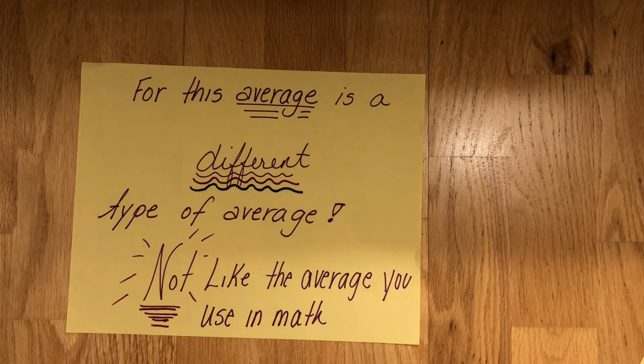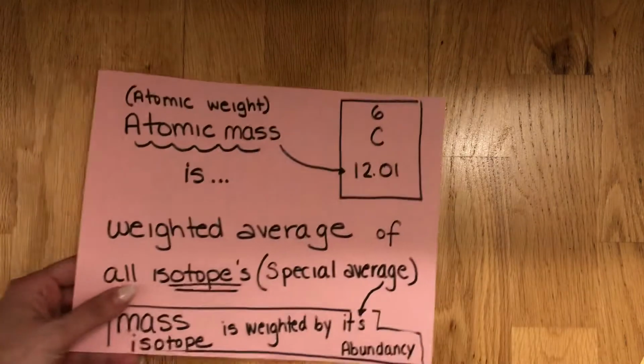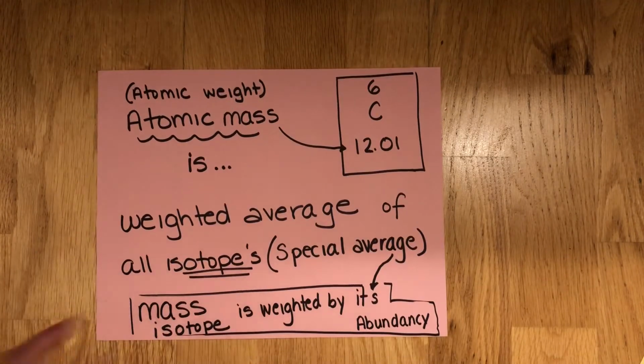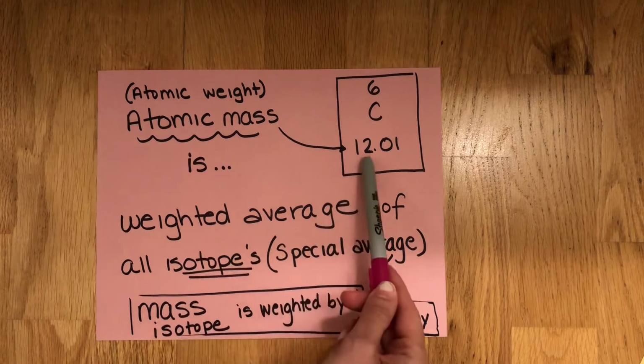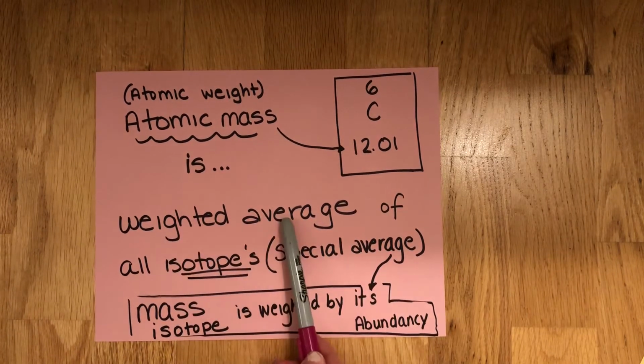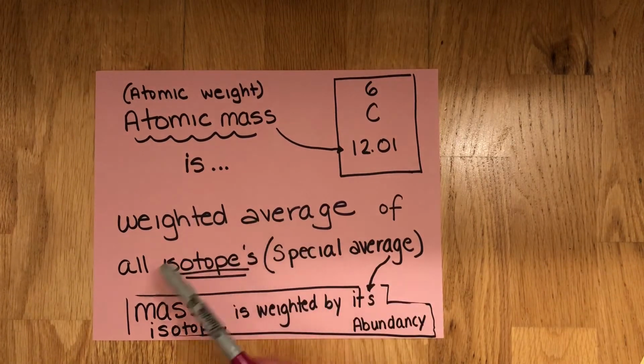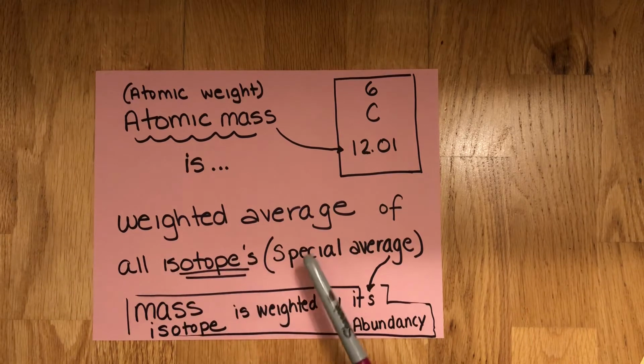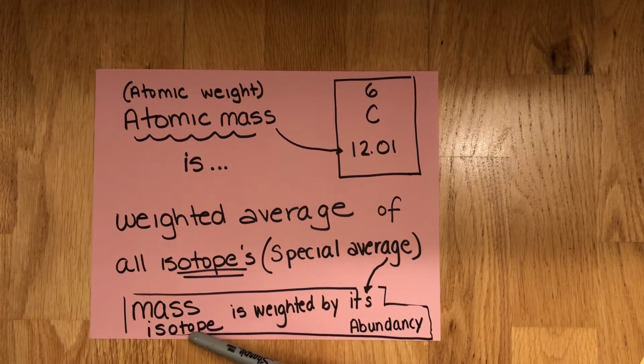Instead, in this average, what we're going to be doing is taking what's called a weighted average. Okay, so again, this is a weighted average. This atomic mass is a weighted average of all the isotopes. It's a special average. And so this weighted average is taking the mass of each isotope and it's weighted by its abundancy.